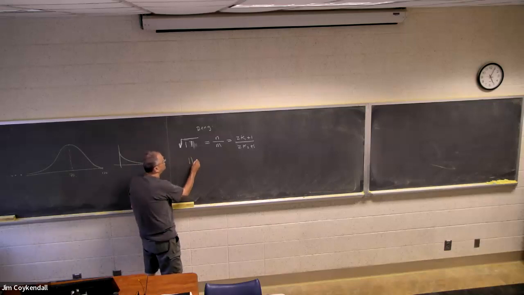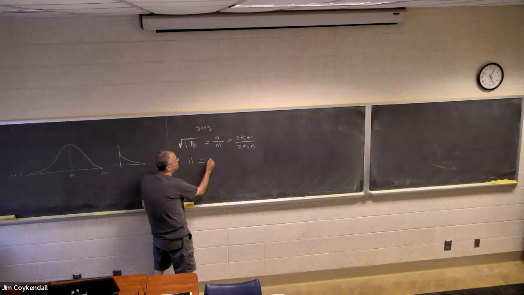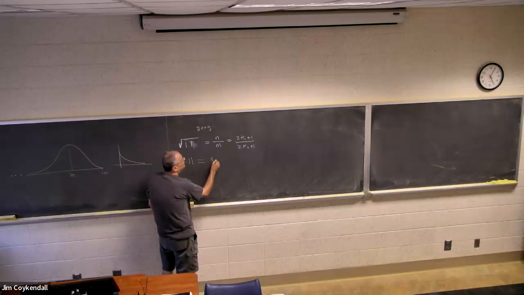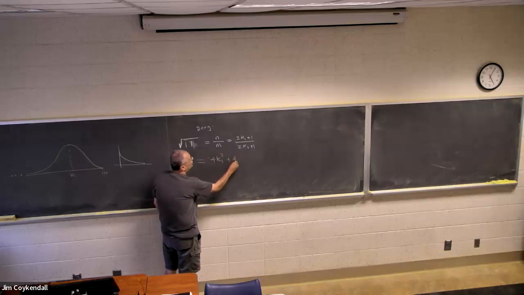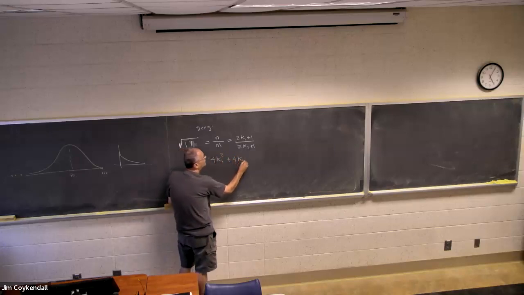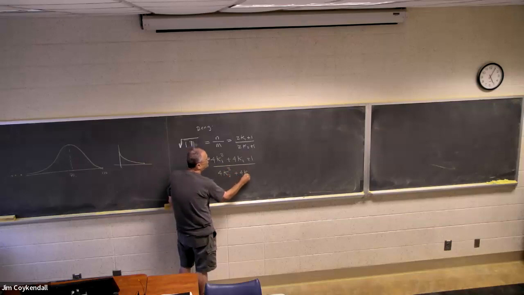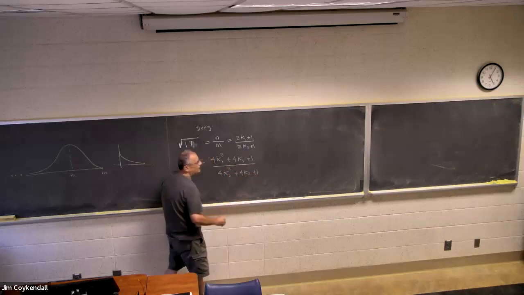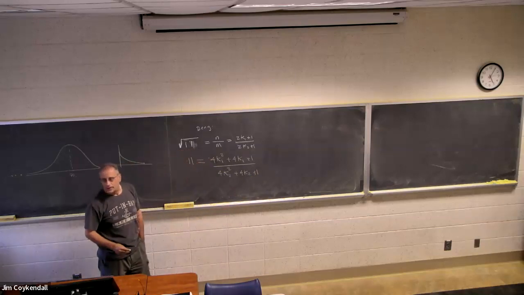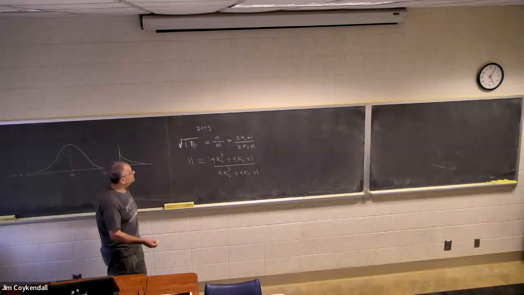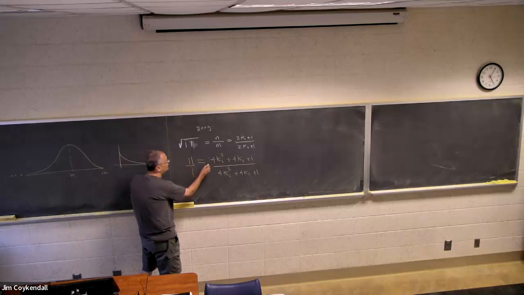We have 11 equals (4k1 squared plus 4k1 plus 1) over (4k2 squared plus 4k2 plus 1). Okay? All right. Now, just high school math.